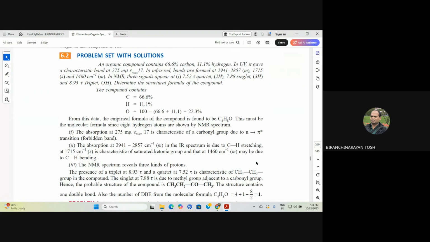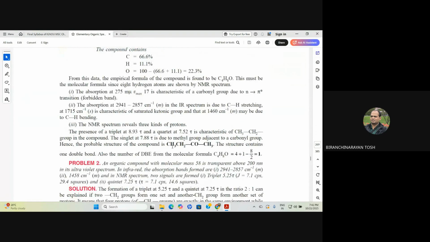And in the NMR spectrum, there are three kinds of protons. One is a quartet, that means the neighbor should be CH3, then only we'll get a quartet, as in CH3, CH2. And for the 3 proton singlet, that means a CH3 singlet.